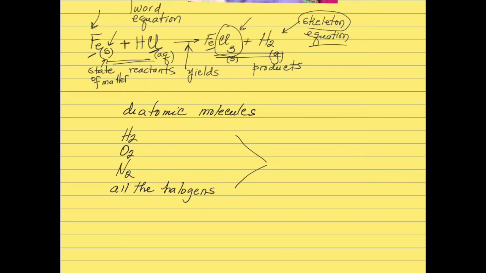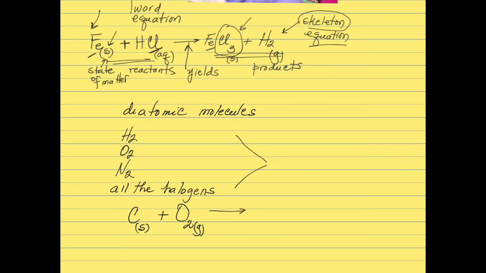Understand what I'm saying? For example, let's say that you have carbon, solid, reacting with oxygen. Since oxygen is a diatomic molecule, you have to put the 2 over there. So carbon plus oxygen, you have to put the 2 because it's a diatomic molecule. They combine.